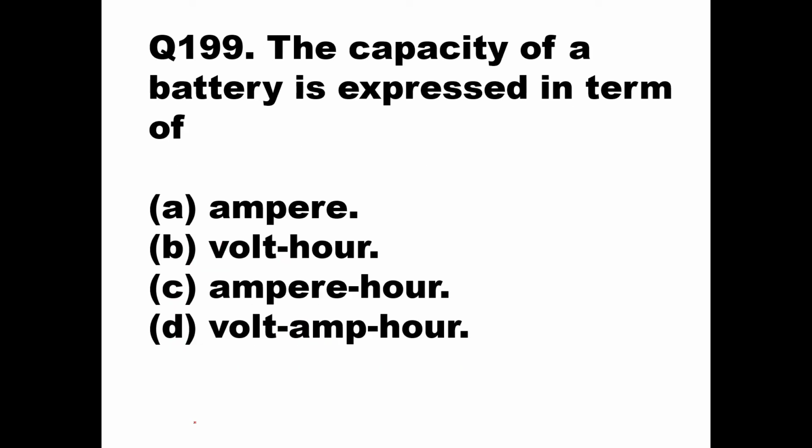Question number 199. The capacity of a battery is expressed in terms of, okay, so options are ampere, volt hour, ampere hour, or volt ampere hour. Okay, so it is option C, which is called ampere hour. So here option C, ampere hour, is the unit in which the capacity of a battery is expressed. Okay, then we'll go to the next question.